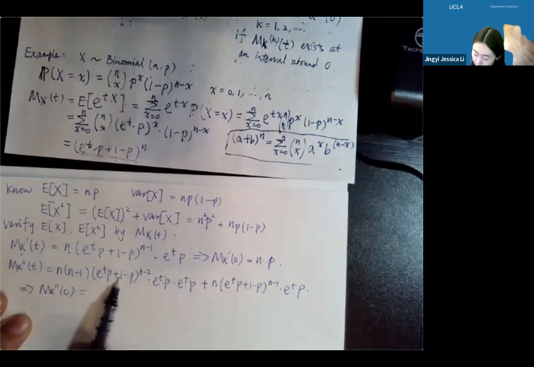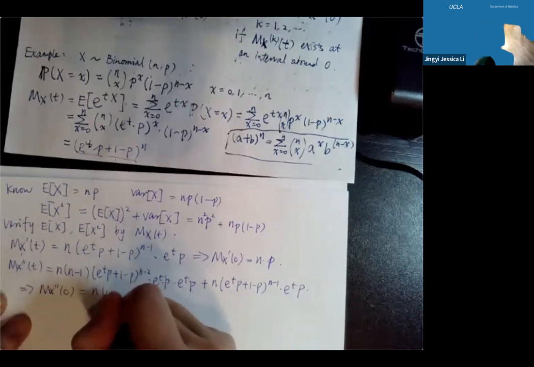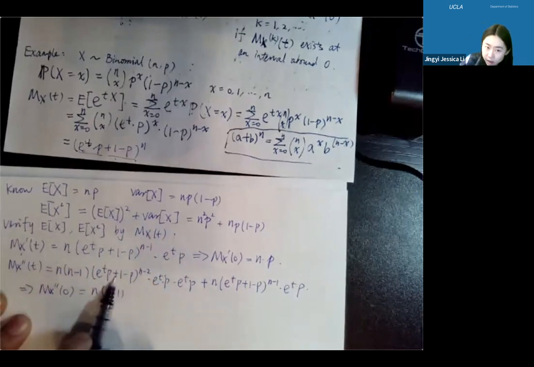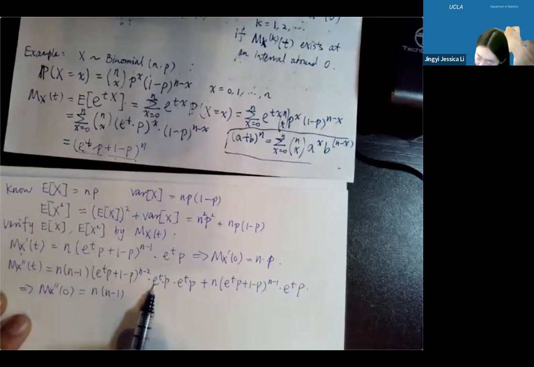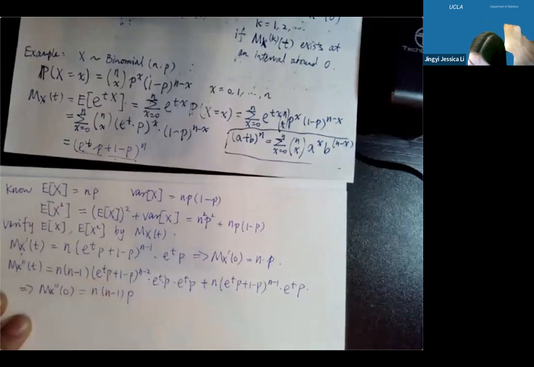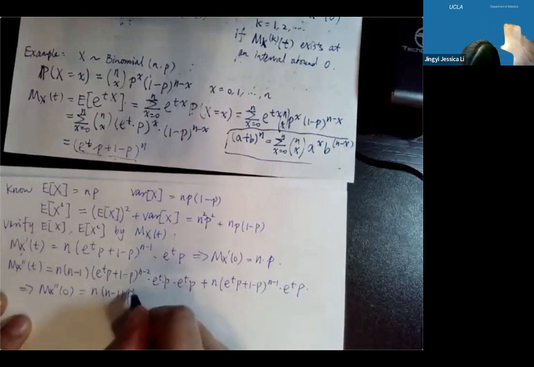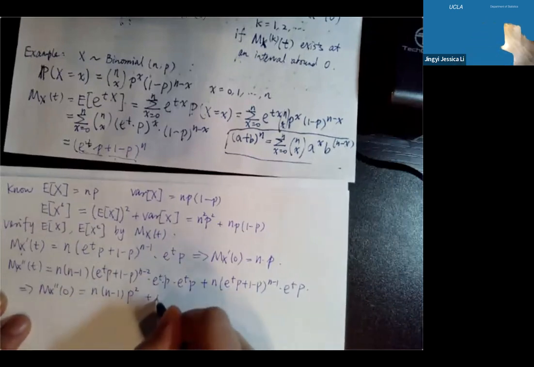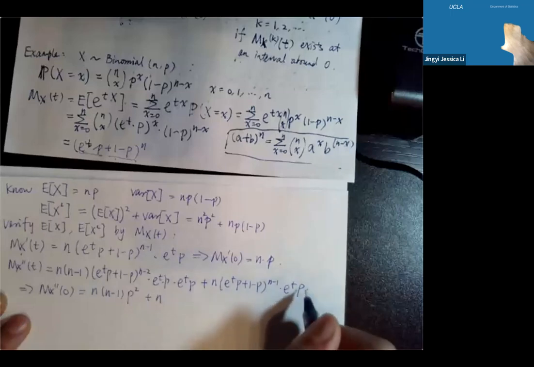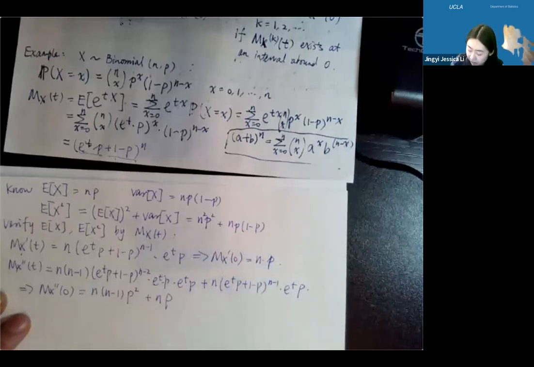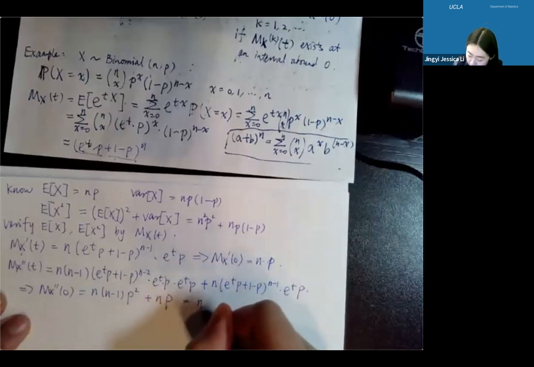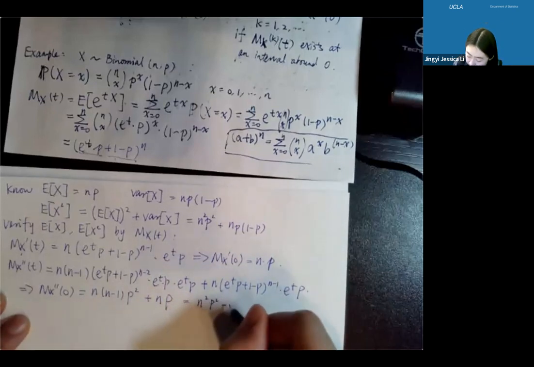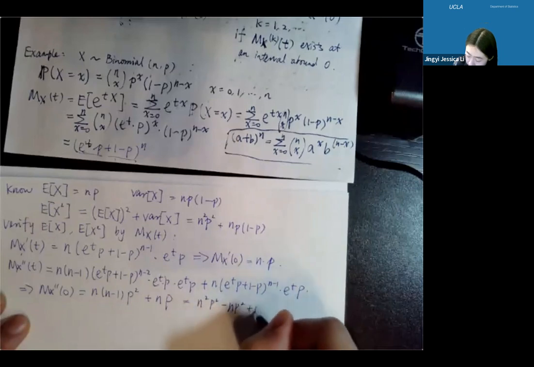When t is 0, this term is 1, and I have p and p, so I have p squared. For the second term, I have n, 1, 1, and p. If I expand the terms, it's n squared p squared minus n p squared plus np.